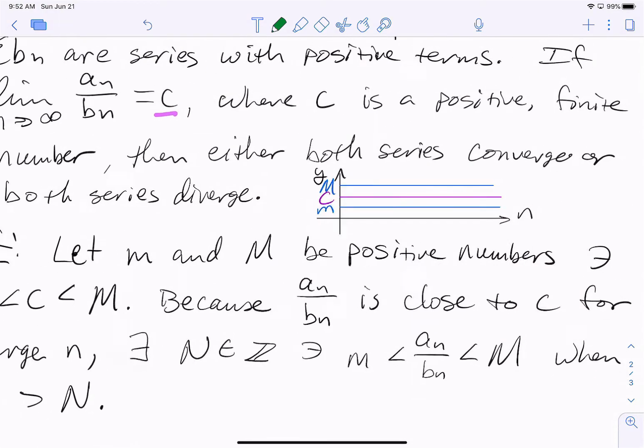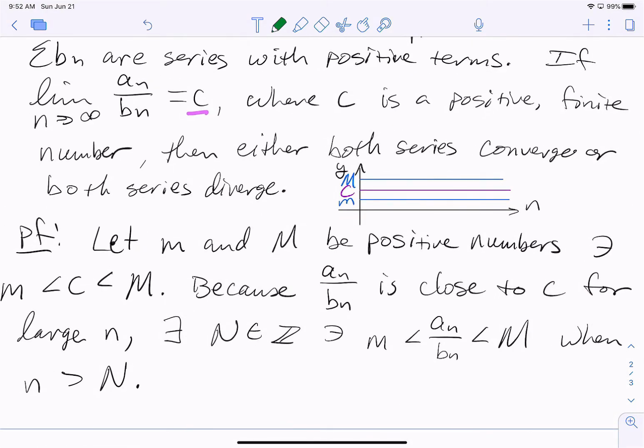Now what we've got is that the ratio a sub n to b sub n has a limit as n approaches infinity of c, which means that at some point, let's suppose that a is smaller. It doesn't matter for this whether a is smaller or bigger than b, but at some point the ratio is going to end up being closer to c than either m or M, because the limit of the ratio is c.